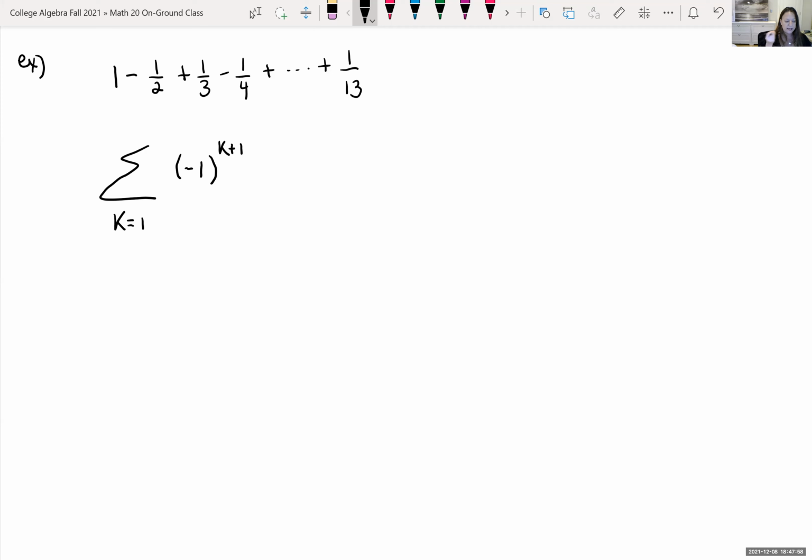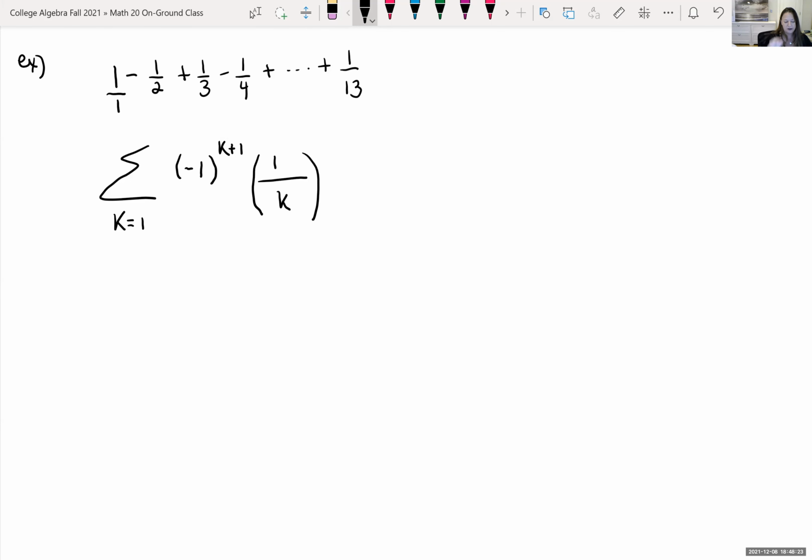Notice that we always have 1 in that numerator. So we need to figure out what's happening to our denominator. Well, it's just increasing by 1 each time, right? So we can just put k in here, because when k is 1, we would have 1 over 1, and that would be positive 1.